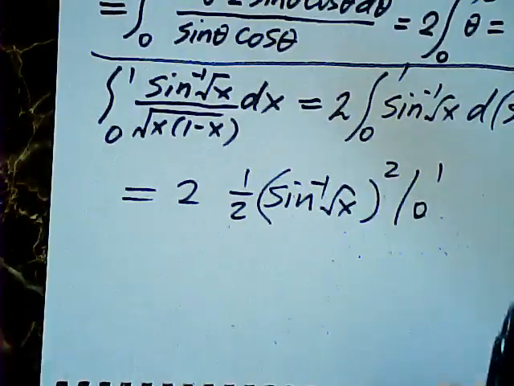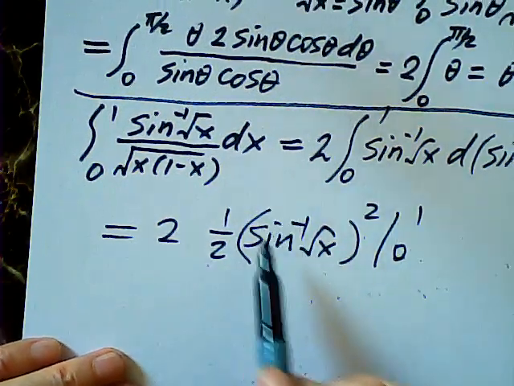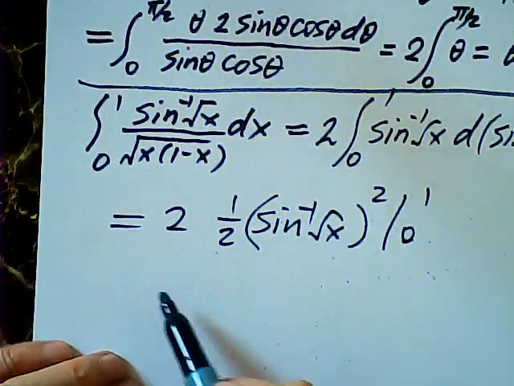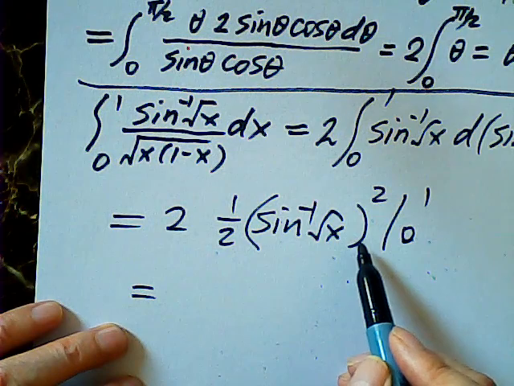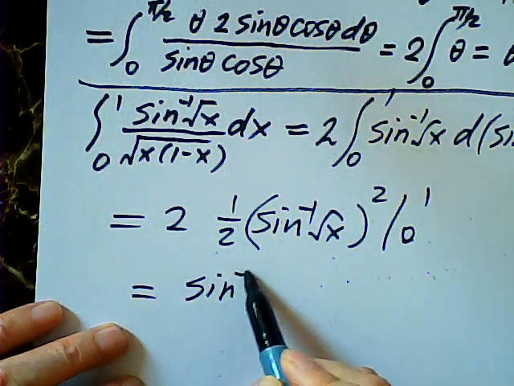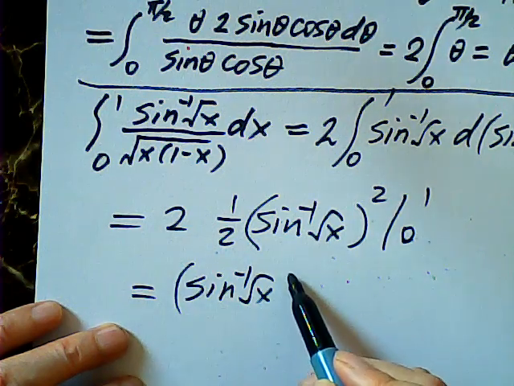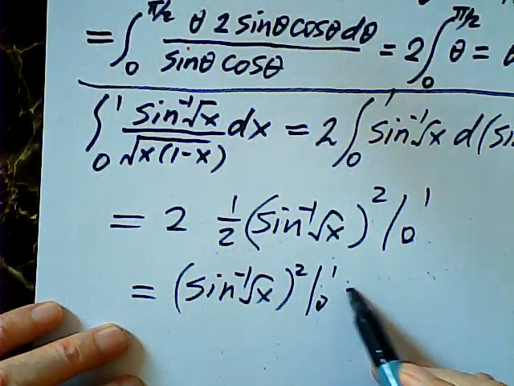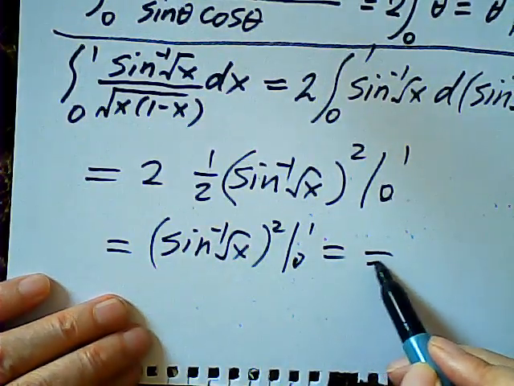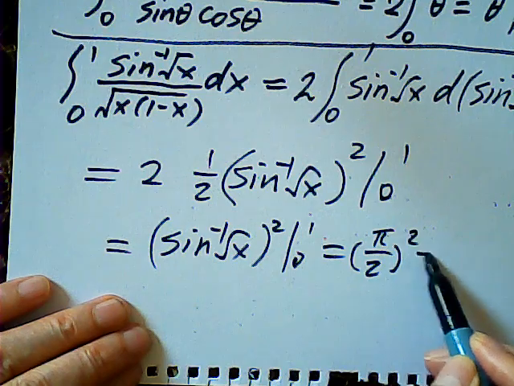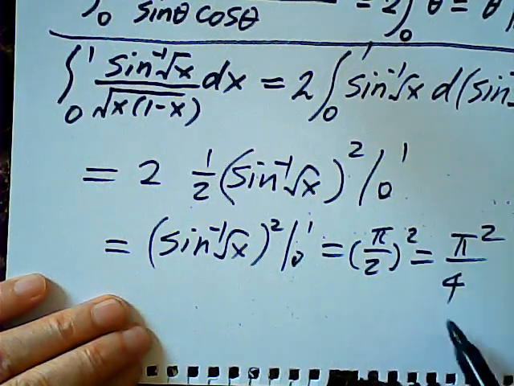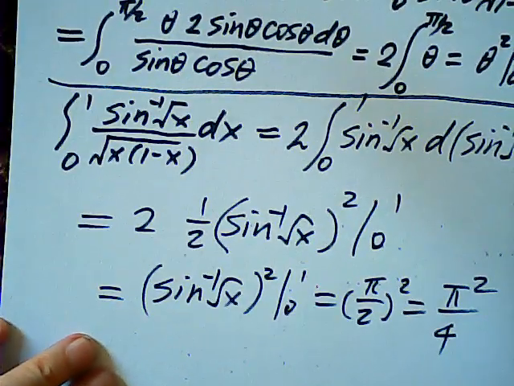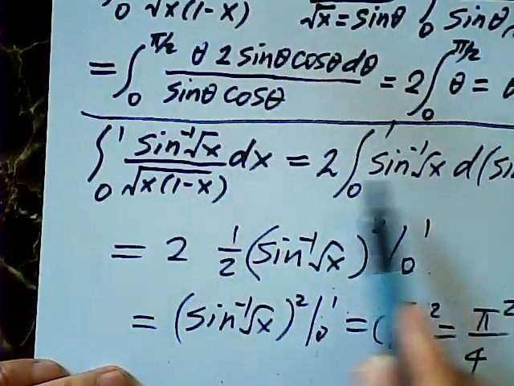See? Once you see this point, you can have the answer right away. So this is arcsine square root x, squared, from 0 to 1. So this is equal to half pi squared. So right away, you have the answer if you see that.